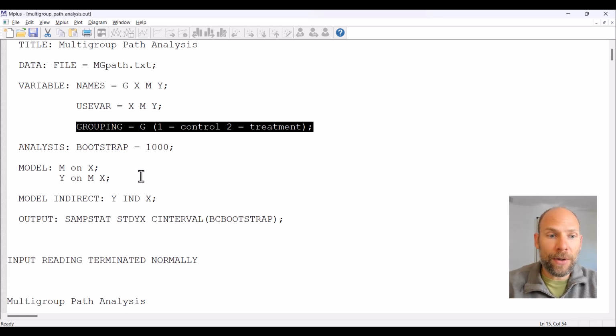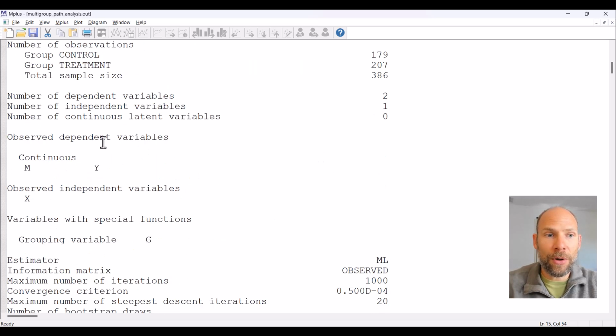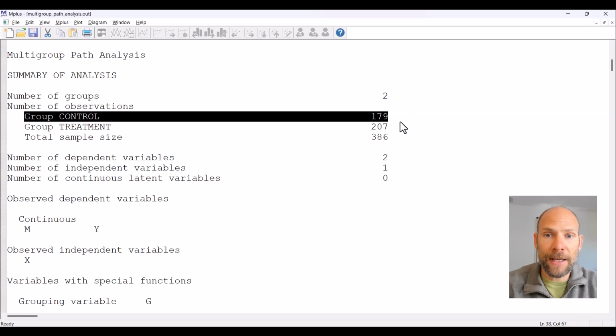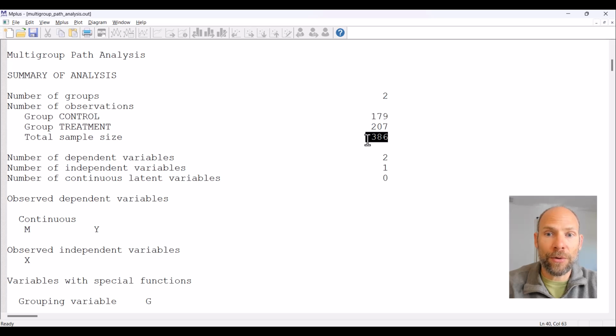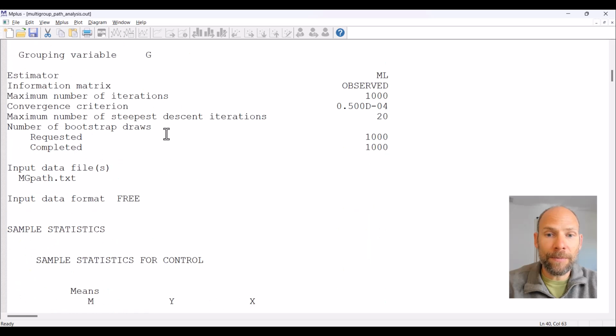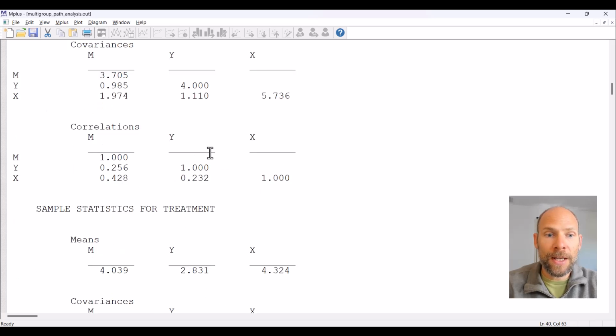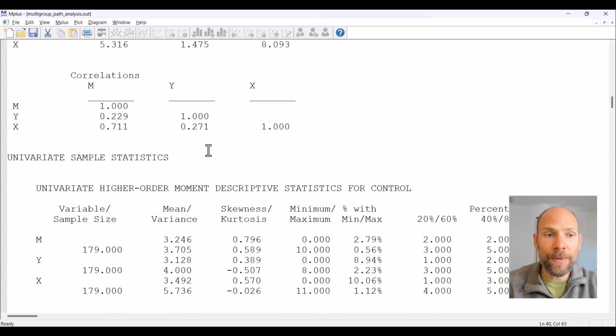Now let's take a look at the output file for this model. You can see here that in the control group we had 179 individuals, in the treatment group 207 individuals, and in total 386 people. When we scroll down, we find the sample statistics, means, covariances, and correlations for the control group first, and then for the treatment group.